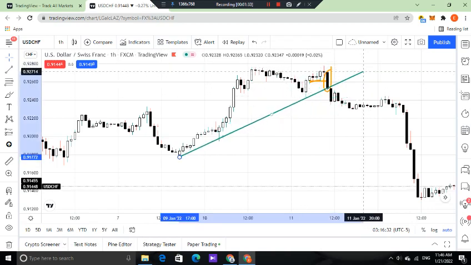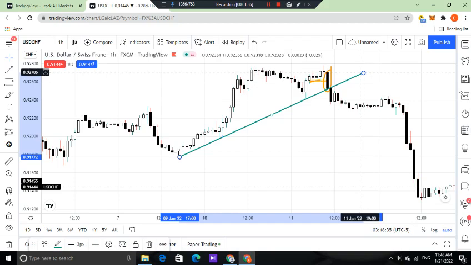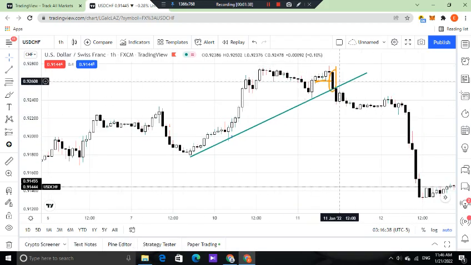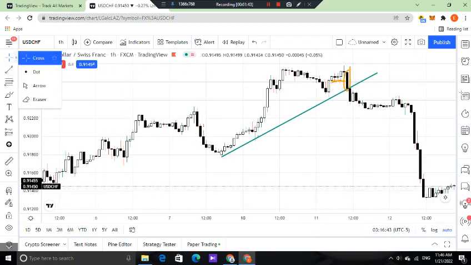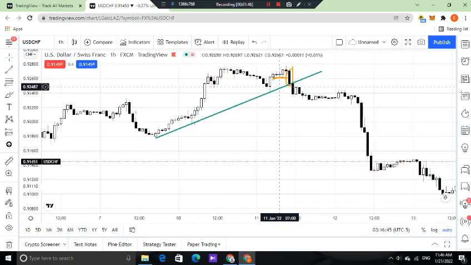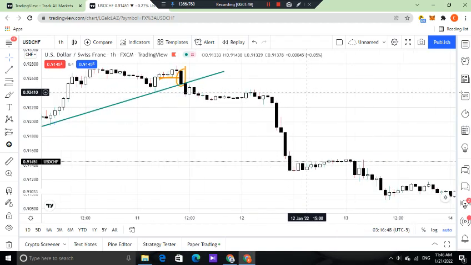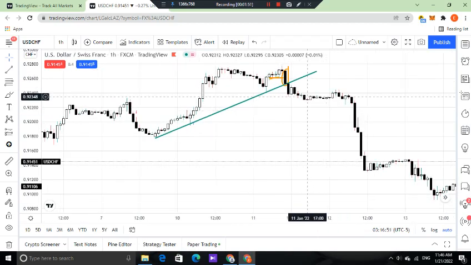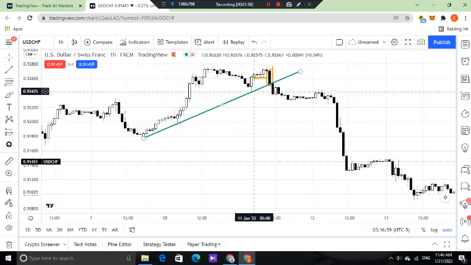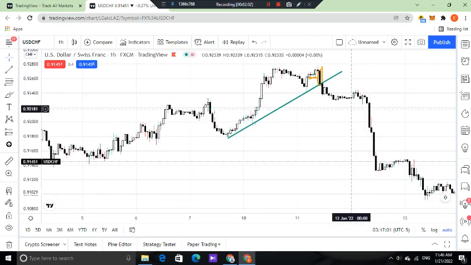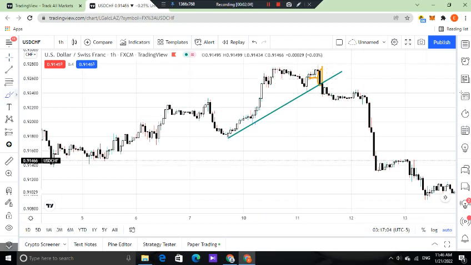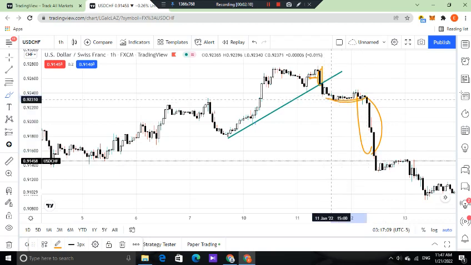When you have a bear breakout below a bull trend, this gap is the measuring gap, and if you see strong follow-throughs after this breakout, you expect to see a second leg after that. So this is your first leg and this is your second leg after this round pattern. I talked about that before.